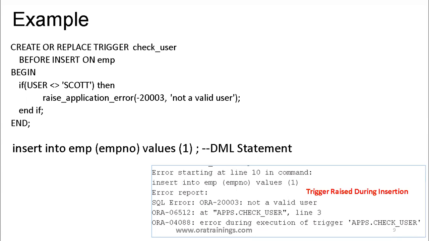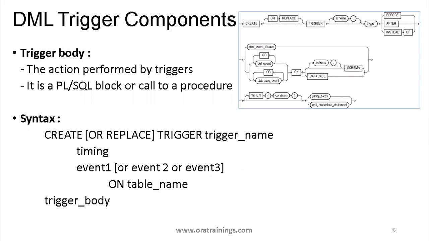Let us see a very simple example here. Maybe let us discuss the syntax first. Here, if you observe, we mentioned CREATE OR REPLACE, the keyword TRIGGER, the user defined trigger name, the timing, the event, on which table, and the PLSQL business logic, the trigger body.